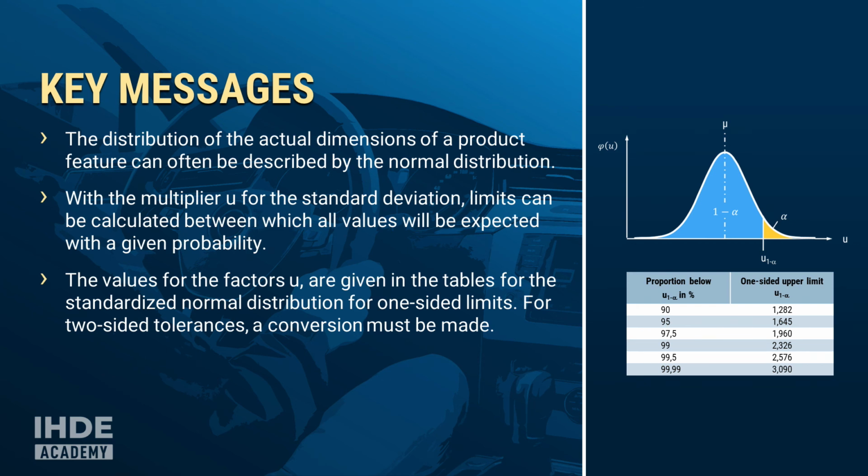With a multiplier u for the standard deviation, limits can be calculated between which all values will be located with the given probability. The values for the factors u are given in tables for the standardized normal distribution for one-sided limits. A transposition must be carried out for two-sided tolerances.